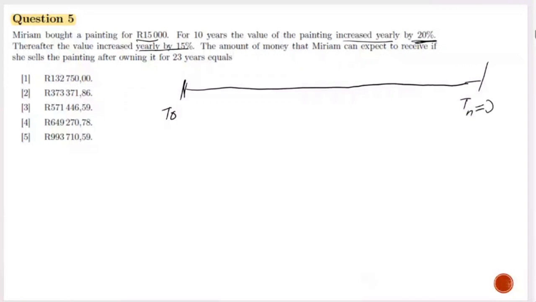So now you've got 23 years. So here at the beginning, this is 15,000. Then the value of this thing is increasing yearly for 10 years.